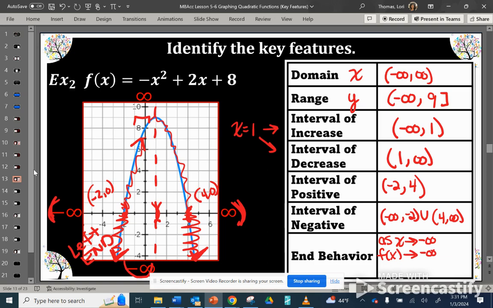And then let's take a look at the right end. So to say the right side, x is increasing to positive. So as the x values increase, the y values, f of x, they decrease.